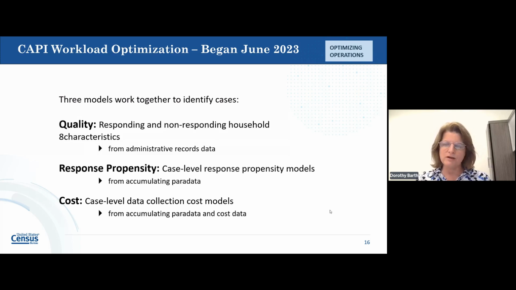So these two models work together to allow us to identify cases with a lower probability of responding and a higher probability of having similar characteristics to other households that have already responded in a certain geographic area. The cost model uses paradata and cost data to predict expected costs. So that helps us decide how many cases to stop.